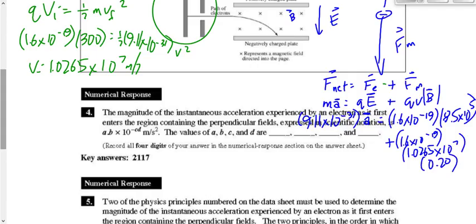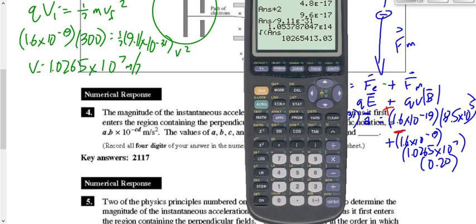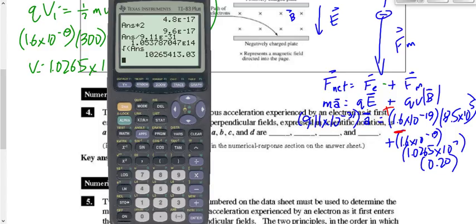Now, you have to be careful of signs. The electric force, you can see, is upwards, so let's make that positive. The magnetic force is downwards, so let's make that negative. We can solve for A here. That's my answer. I'm done. Well, once I solve for that, let's get the magnetic force there. That's my speed times 1.6 times 10 to the minus 19 times 0.2. There's my magnetic force.